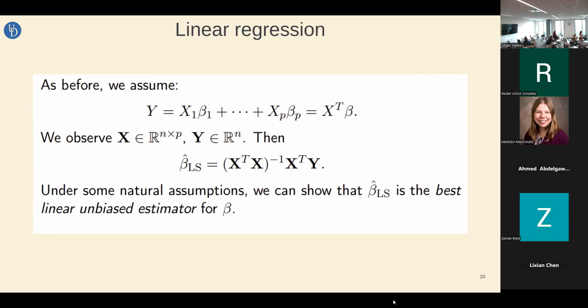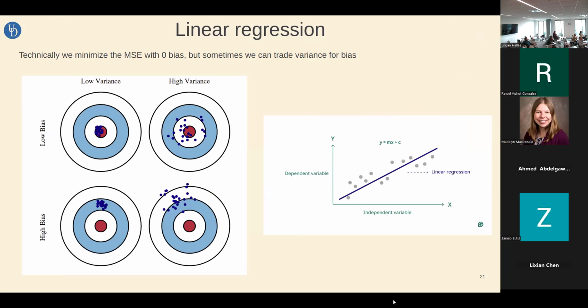But linear unbiased estimator, what's bias and variance? Well, one thing you're often trying to minimize, especially in regression problems, is the mean squared error. We square the error. There are lots of statistical reasons, but essentially it's just a way to normalize the distance, regardless of whether it's negative or positive.